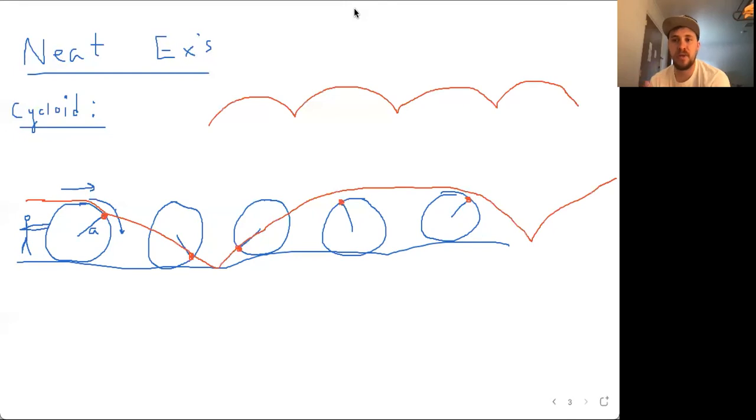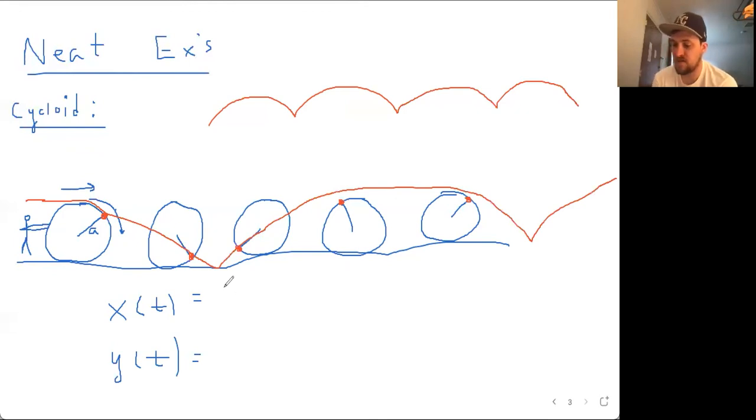And the textbook has a really good explanation for the derivation of a parametric equation for this curve, for a curve that we call a cycloid. So if you're interested in how these are derived, then I would highly suggest taking a look in section 1.1 of the OpenStax textbook.